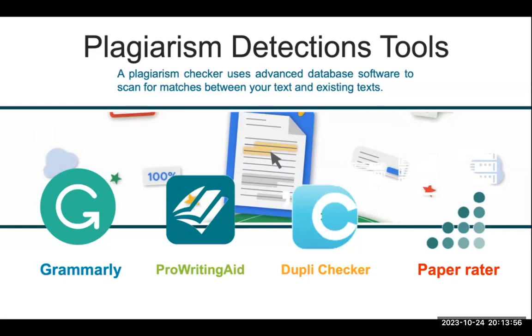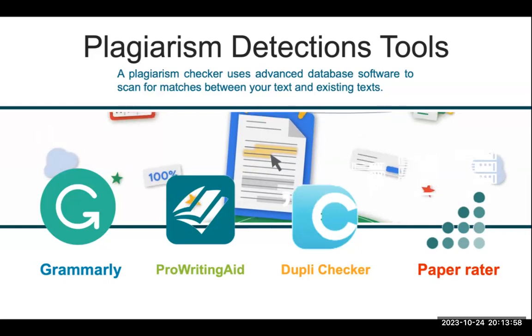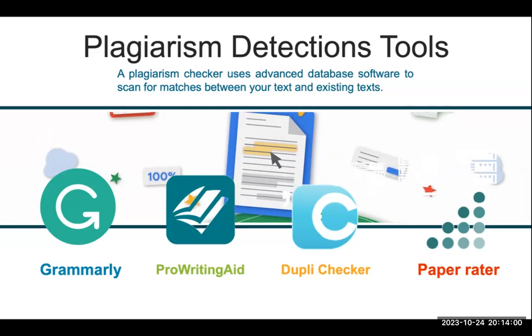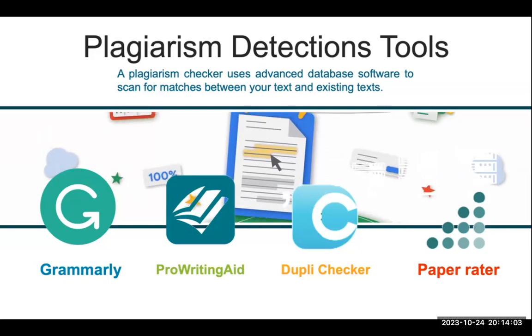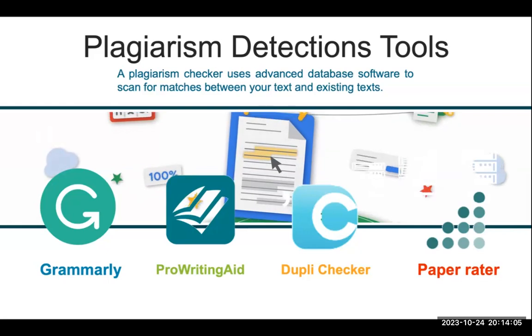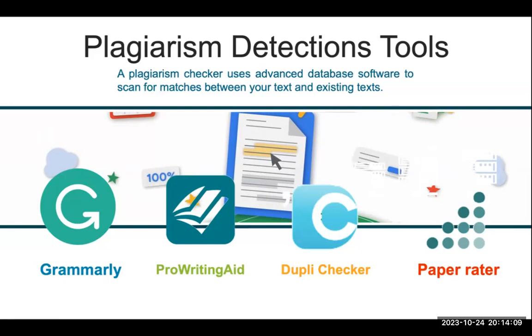The next one is Pro Writing Aid, a smart writing assistant providing personalized advice on writing and plagiarism checks, from the company of the same name in Wheatley.